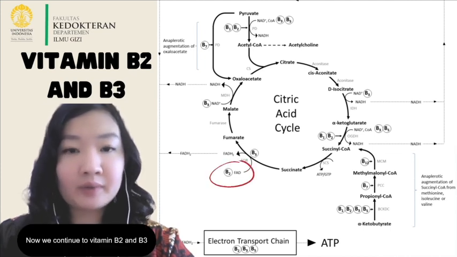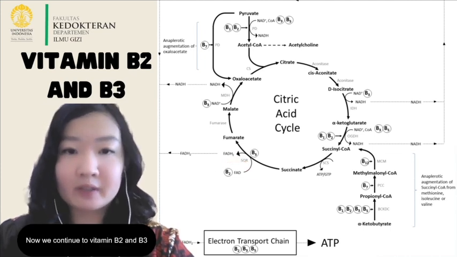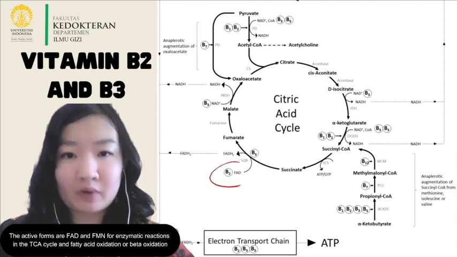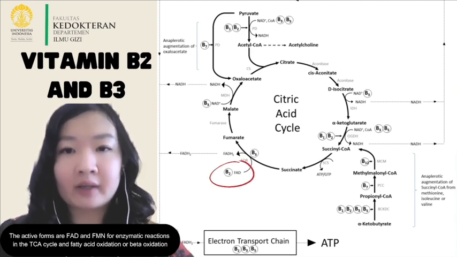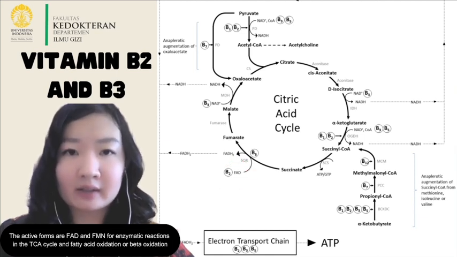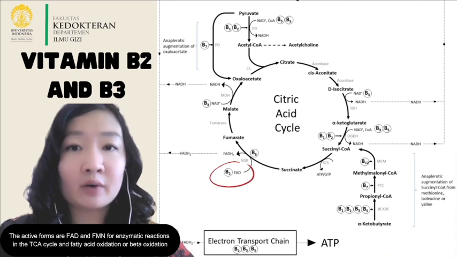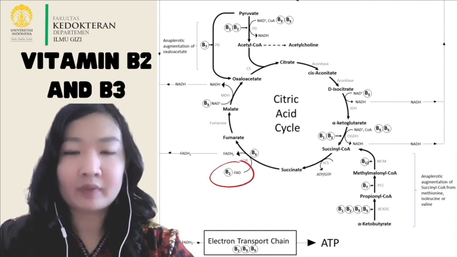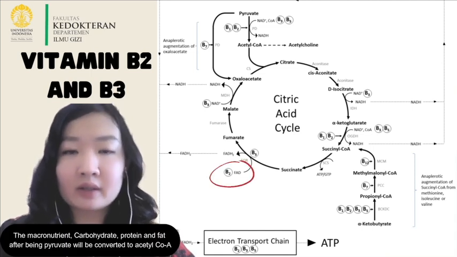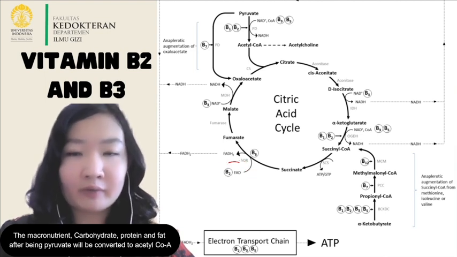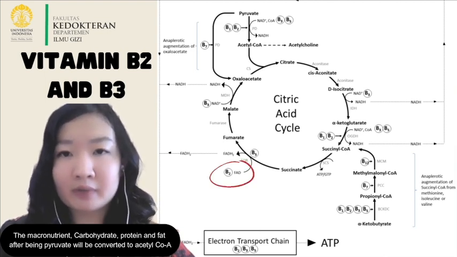Now we continue to vitamin B2 and B3. The active forms are FAD and FMN for enzymatic reaction in the TCA cycle and fatty acid oxidation or beta oxidation. The macronutrients, carbohydrate, protein, and fat, after being pyruvate, will be converted to acetyl-CoA.